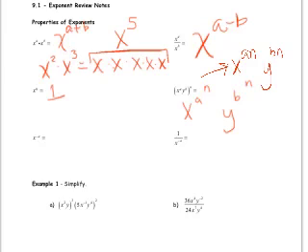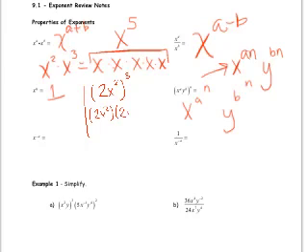And the reason why we do that is because, for example, if I asked you 2x squared to the 3rd power, that would be you're taking 2x squared 3 times. 2x squared, 2x squared.